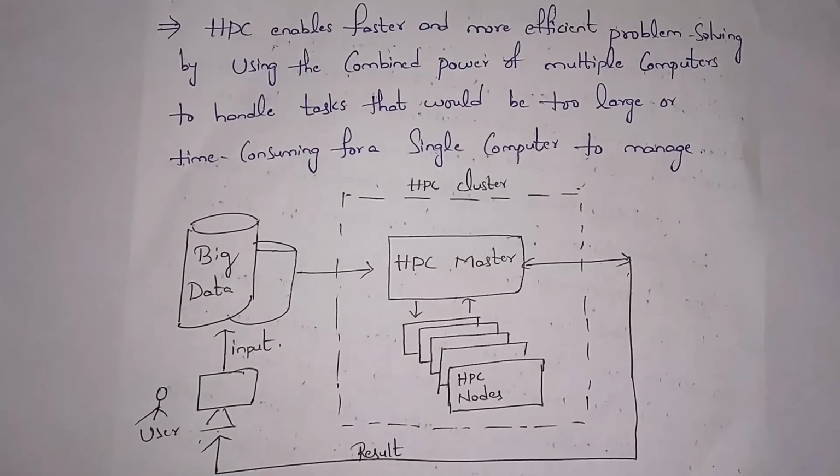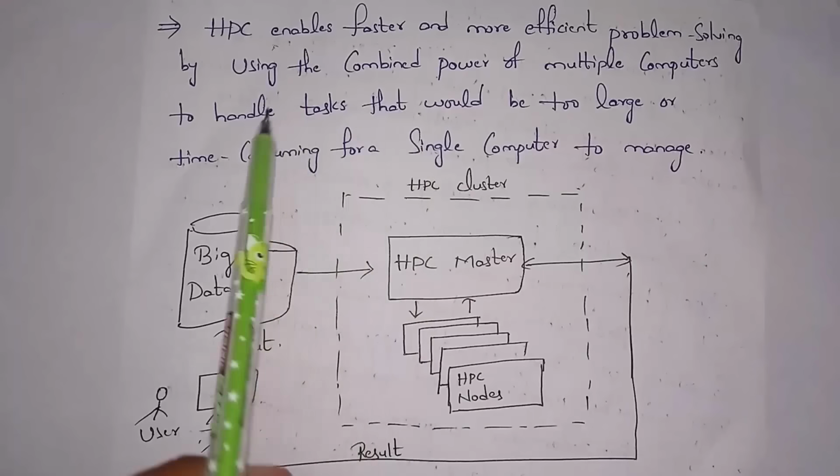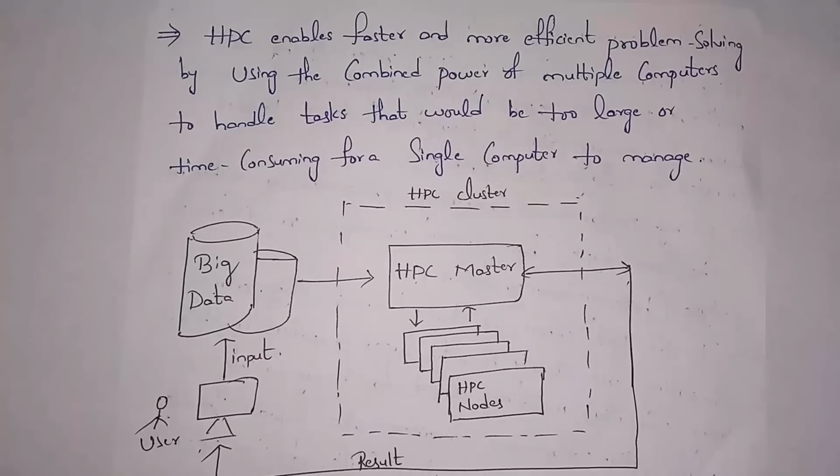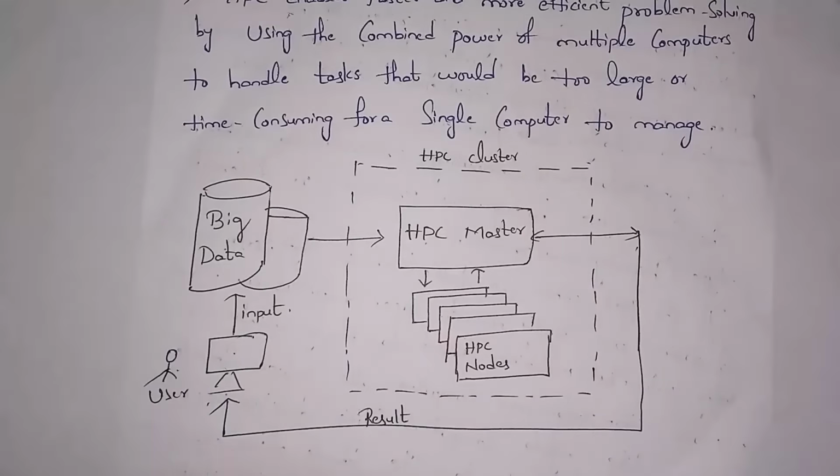Guys, multiple processors are like multiple computers working together in order to handle complex operations that cannot be handled by single computer. Whenever user give big data or big task to this high performance computing, this big data is shared among multiple processors. This multiple processors will solve a problem and then it will give result to the user. This is structure of high performance computing.